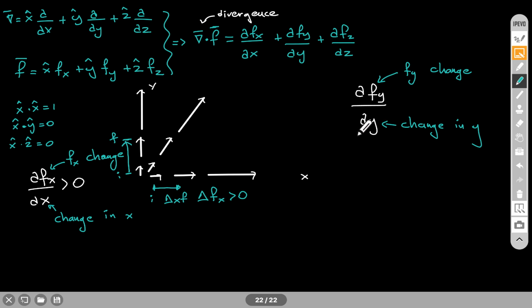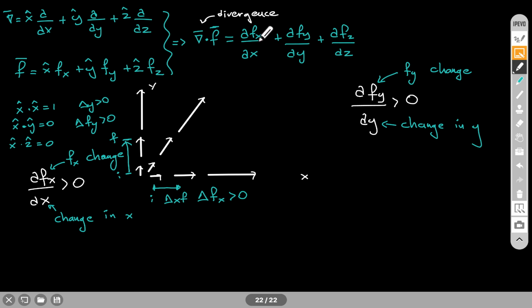This means that as I have a positive change in y, the y component of the function is also positive. What that means is that this term, the second one, is also a positive number. And if you visualize that the same thing takes place on the z-axis, then the last term will also be a positive number.